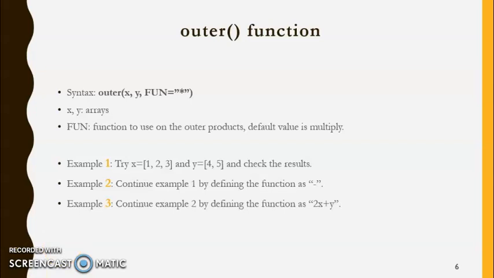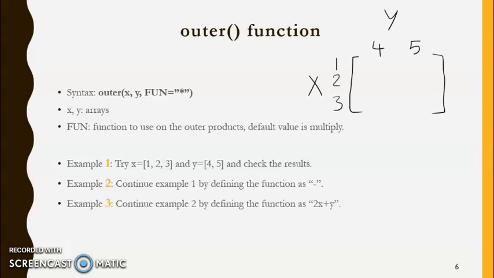Okay, I'm here. First do it by hand as I asked you to do. Here we have x as 1, 2, 3, and here we have y as 4 and 5. So what would be the results? It says the function is 2 times x plus y.